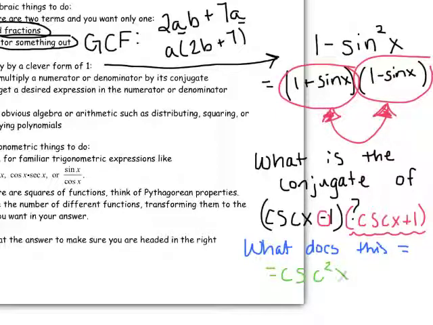So this is when you can say, well, let's go look at Pythagorean theorem, and we would find that it equals cotangent squared. So, I mean, this is me. These aren't real questions or anything like that, but that's why we use conjugates, is somehow down the line, it's probably going to lead you to Pythagorean theorem.